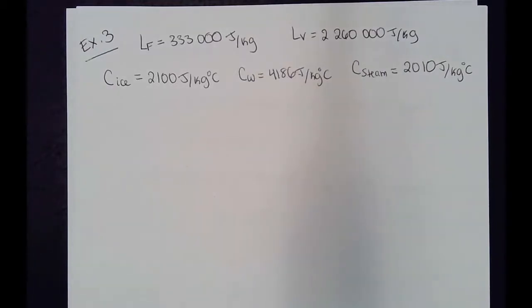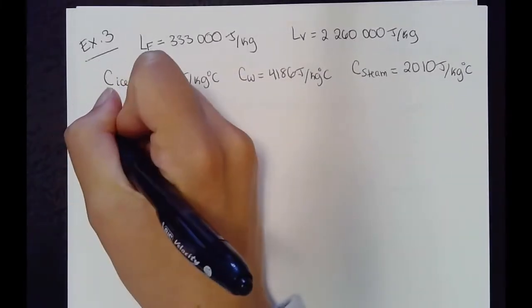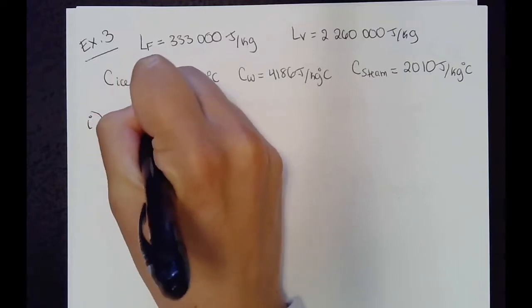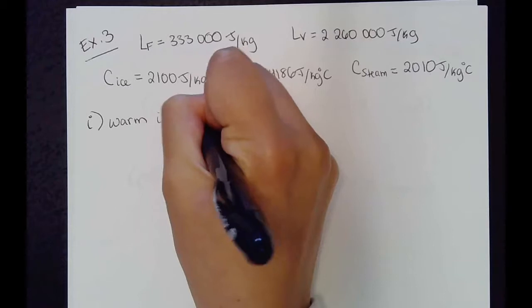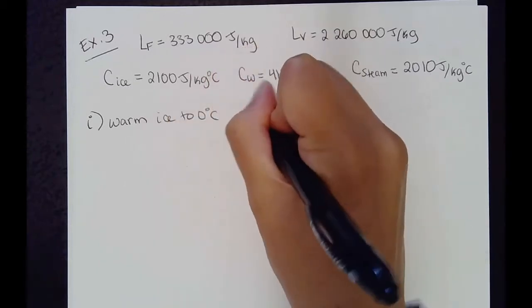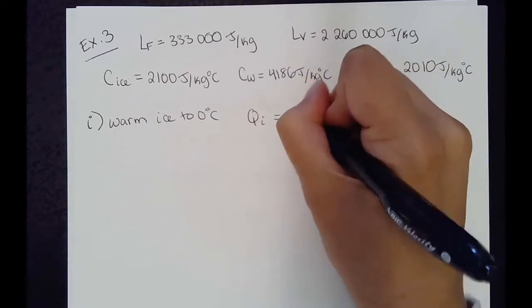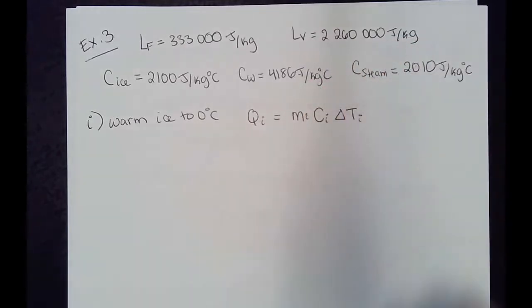Okay, and now let's go through what happens to the ice in steps and calculate the heat required in each step. So first we take that ice from the freezer and it's going to warm up. So the first step is that we'll warm the ice to 0 degrees Celsius. So we'll have the mass of ice, C ice, delta T for ice in this step.